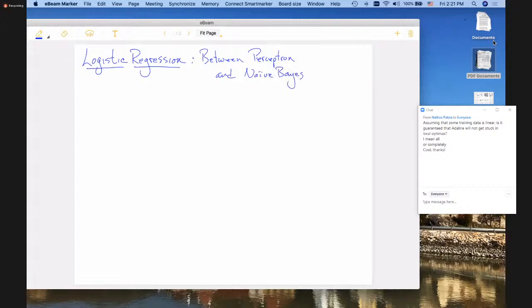In particular, what we're going to do with the logistic regression is come up with an alternative way to what we did in naive Bayes to estimate this posterior probability of a class given the input vector x. This is what we want to learn: a model for that probability distribution.